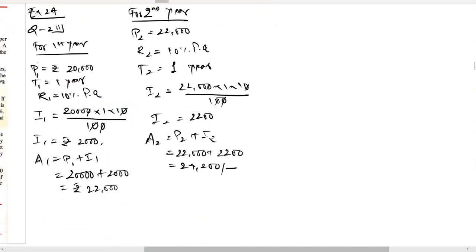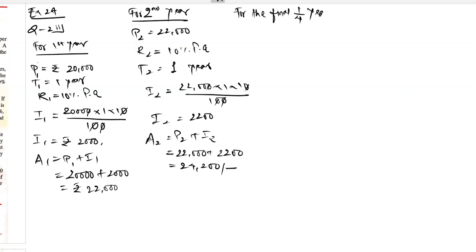So here we are not going to do third year now. For the final 1/4 year, what will be P3? P3 will be 24,200.